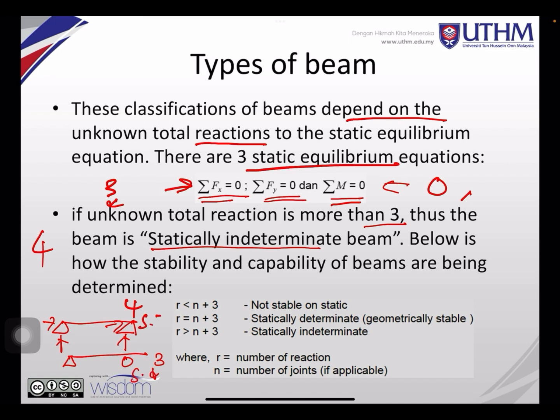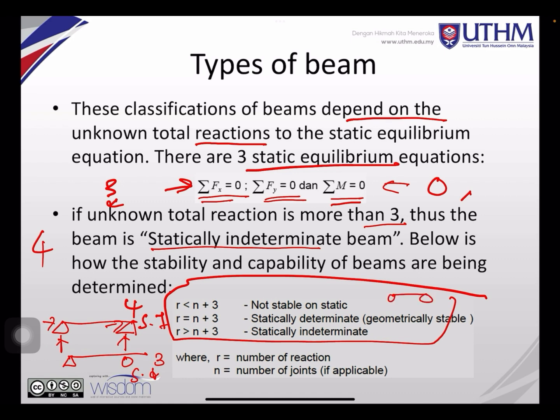This is statically indeterminate. You can see that the reaction force equation here is also important. R less than n plus 3: for example, if you have a beam on a roller, the reaction force is 2, and the number of joints is 0.